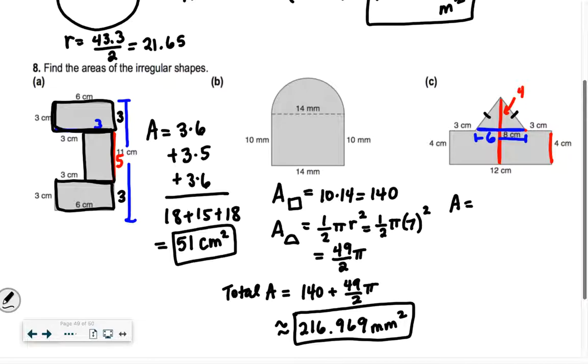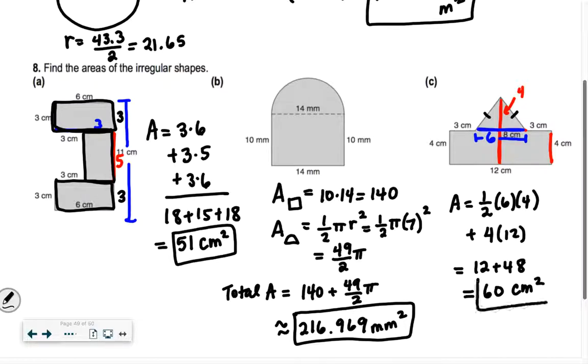The area of the triangle is 1/2 base, which is 6, times height, which is 4. And the area of the rectangle is 4 times 12. So we get 24 divided by 2, so 12, plus 48. So we get 60 centimeters squared, and that's our answer.